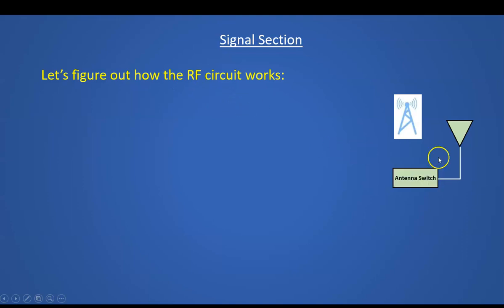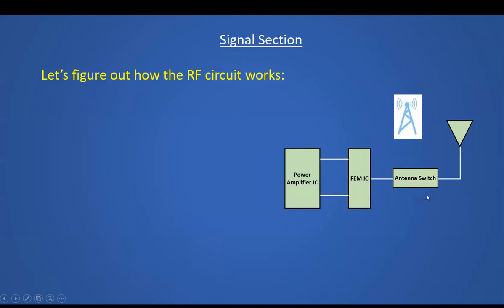So in our phone there is an antenna connected, right? In practical we will see where this antenna is found on the mobile phone. This antenna receives the signal from the nearest mobile tower. After it receives the signal, it is sent to the antenna switch. Then that signal goes to another IC called the FEM IC.